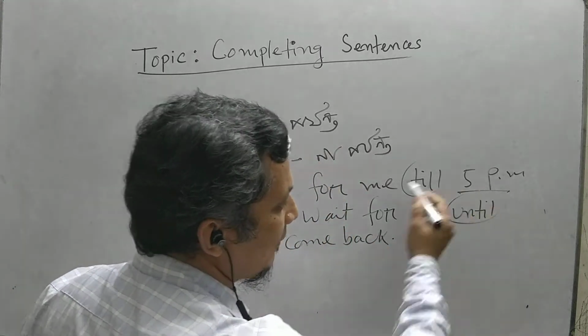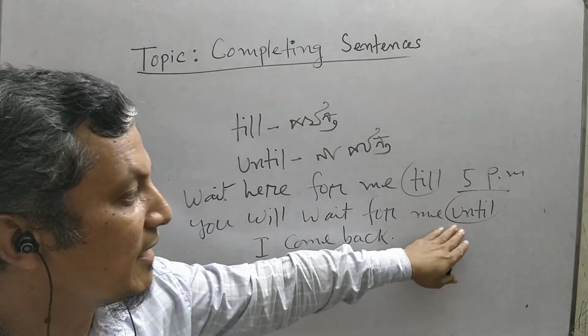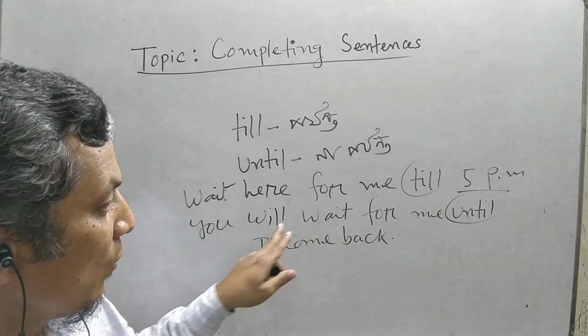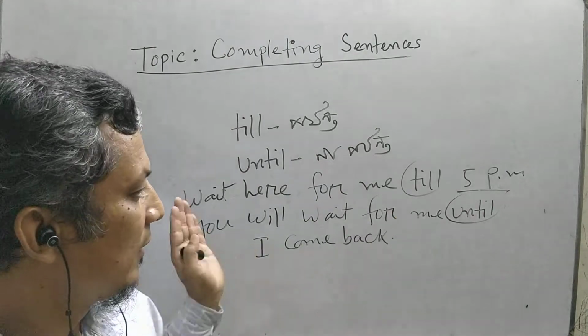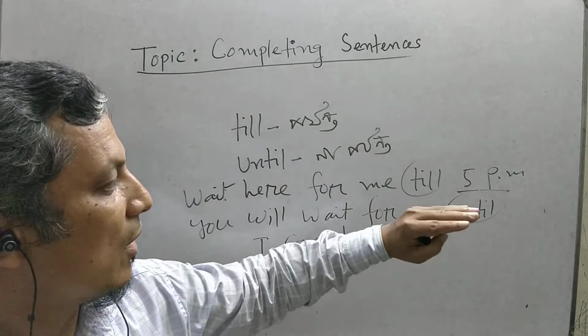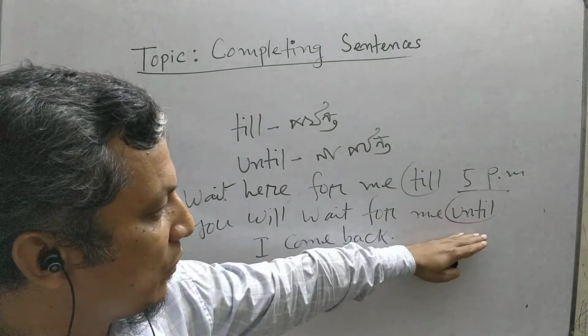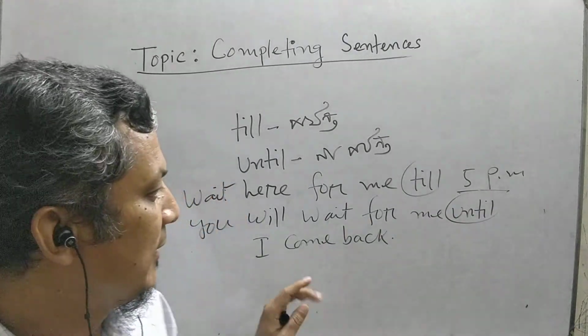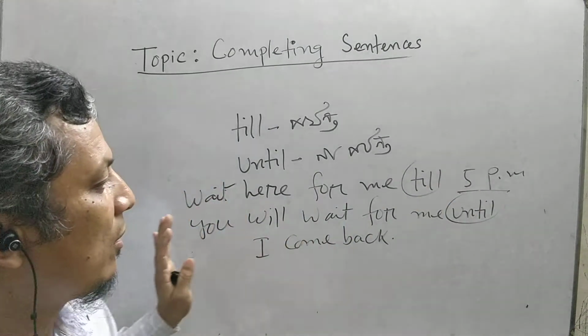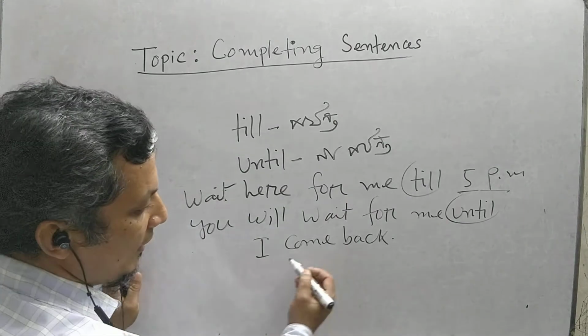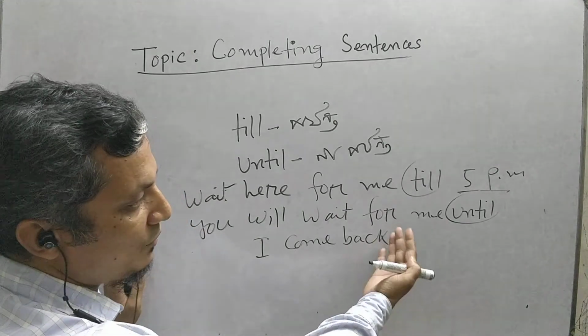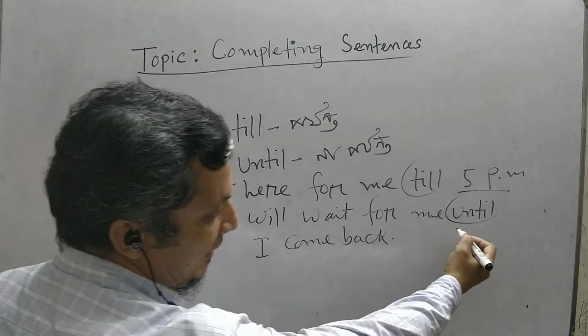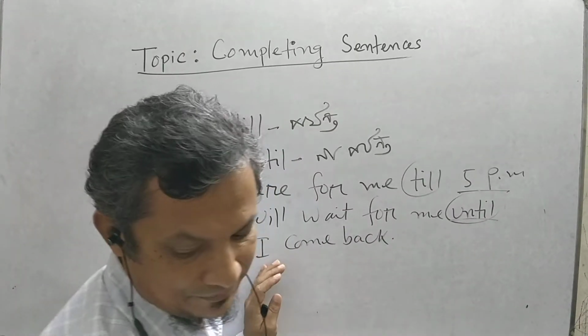Until is used for indefinite time. You will wait for me. How many minutes or how many hours you will wait? It is not stated here, or it is not directed. So it is indefinite time. I have to use until for indefinite time.